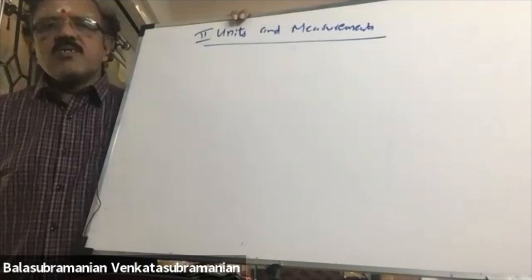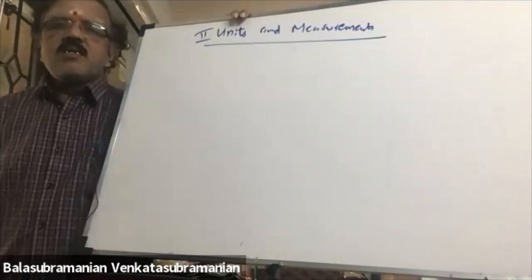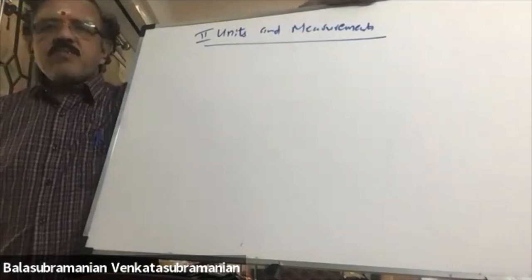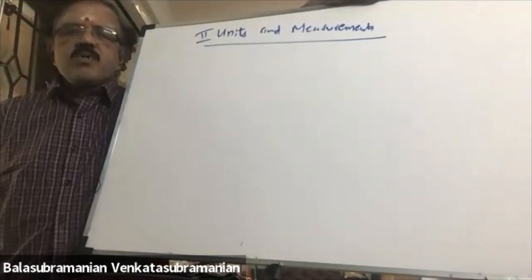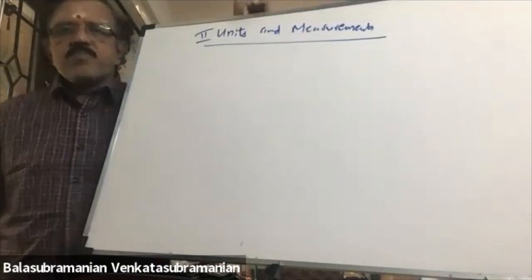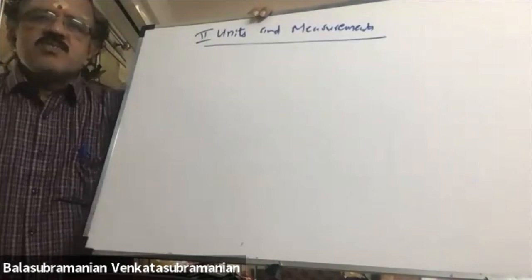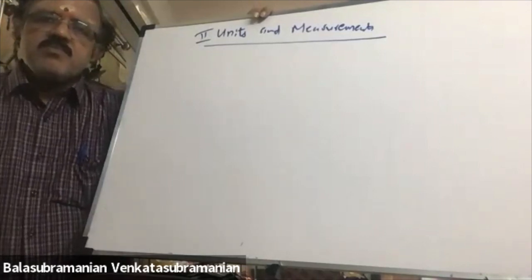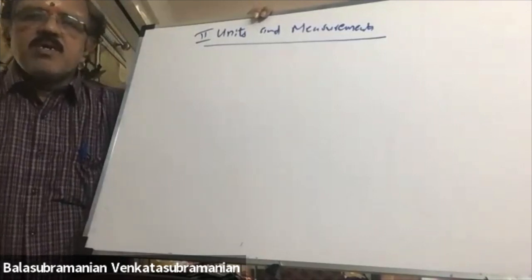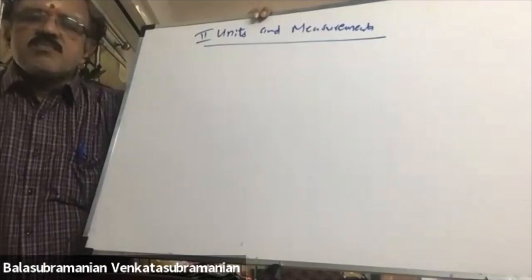And now we are going to discuss a slightly different topic in measurement. Four different topics we are going to discuss today. Number 1, measurement of larger distances. Number 2, errors in measurement.